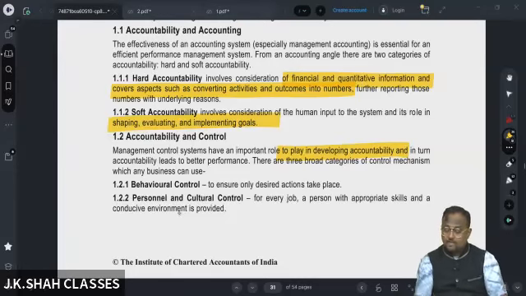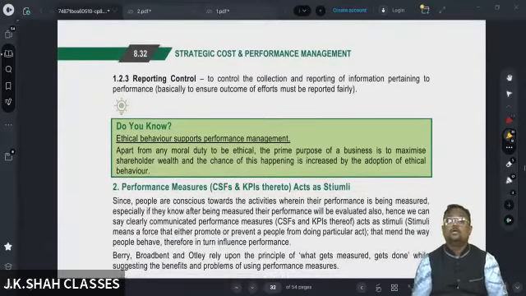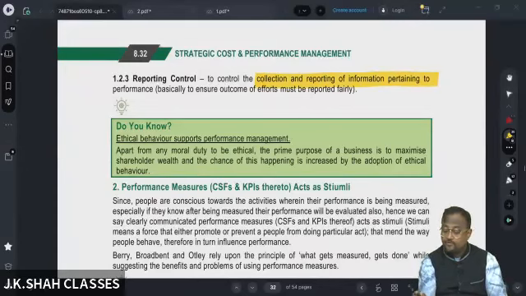So behavioral control, personal and cultural control. See, I told you, no, you are free to apply your own skills and methodologies. Reporting control, to control the collection and reporting of information pertaining to the performance.